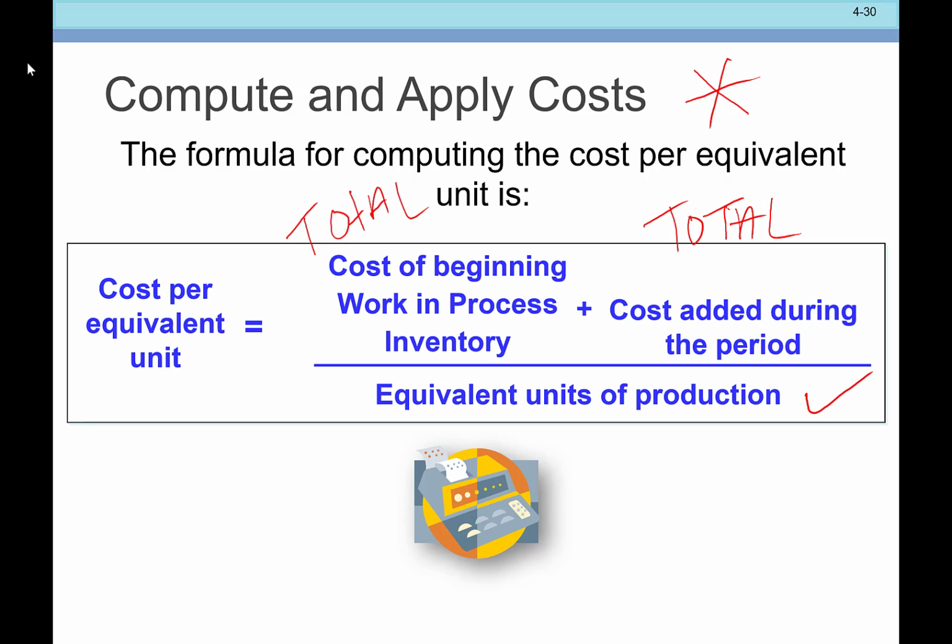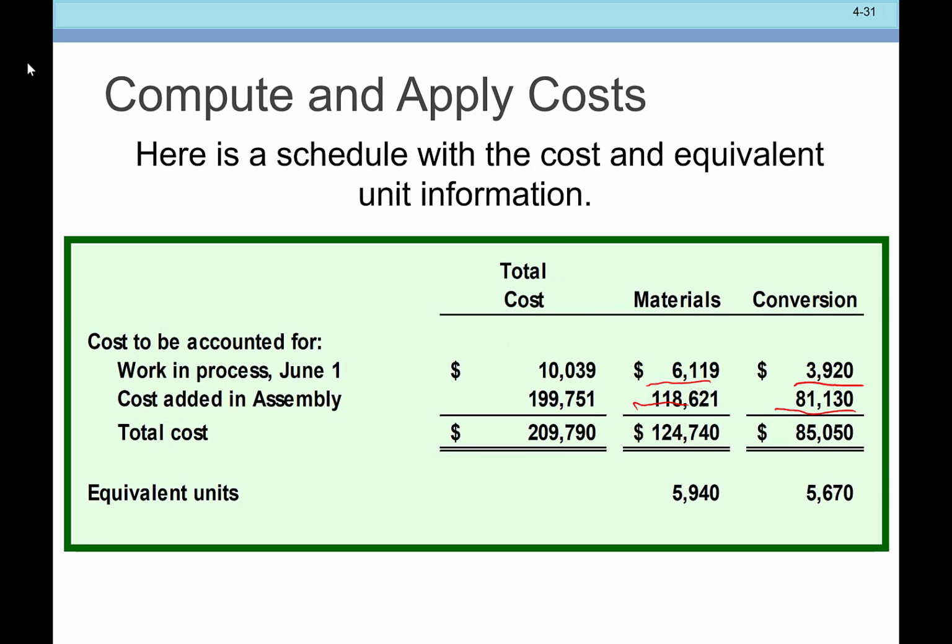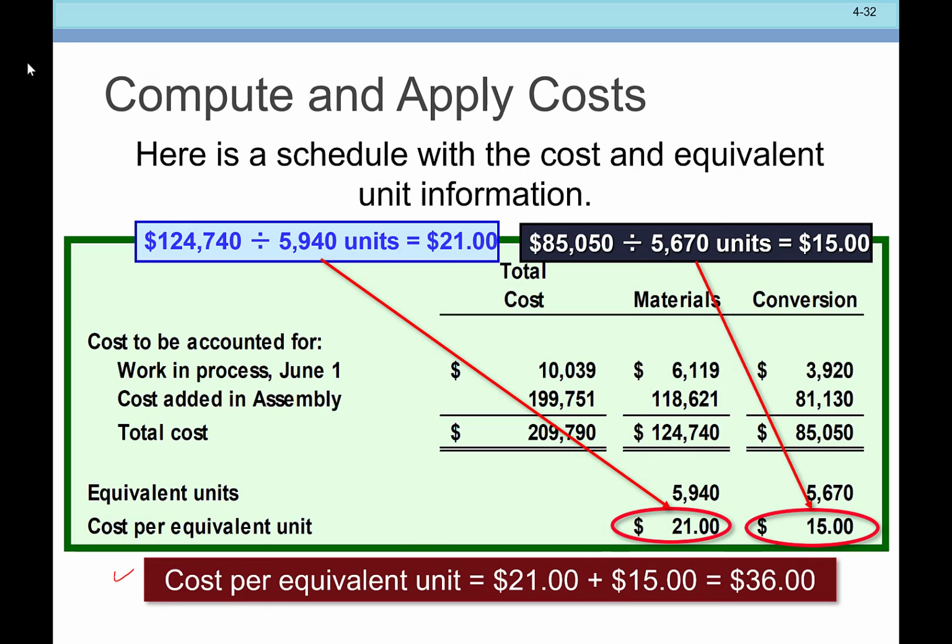We've already seen how to do the equivalent units. Cost of beginning work in process plus cost added during the period is how we come up with the equivalent cost per unit. We pick up these costs, materials and conversion, both the beginning and the cost added for the period. That gives us the total, and we divide that by the equivalent units.